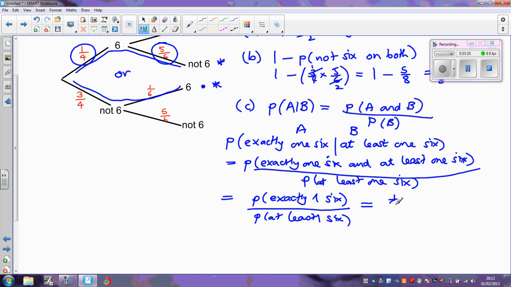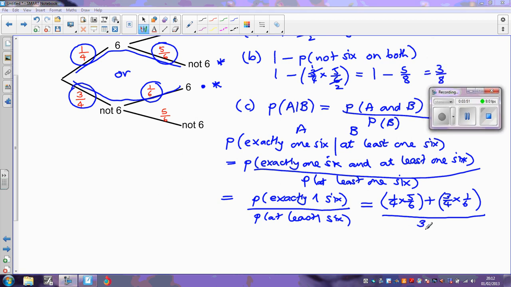So that's 1/4 multiplied by 5/6. And I'm going to add, because we've got the OR situation, these two. So 3/4 multiplied by 1/6. So this is going to be my top probability. And on the bottom there, in part B, I've already calculated the probability of getting at least one 6. That's my answer to part B. In other words, my 3/8 up there. I've obliterated it. There it is, 3/8.